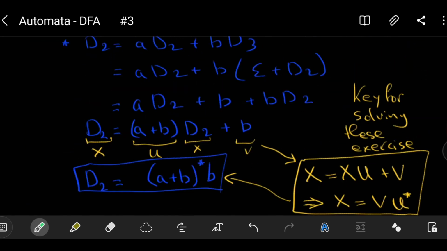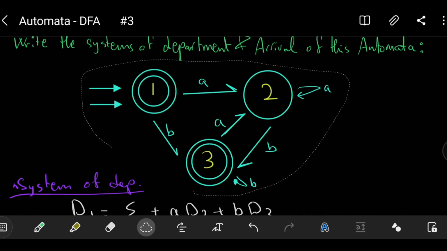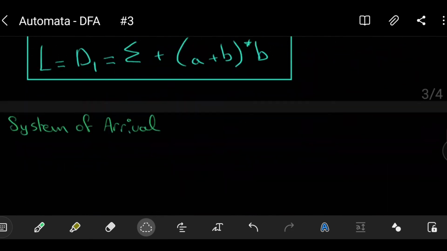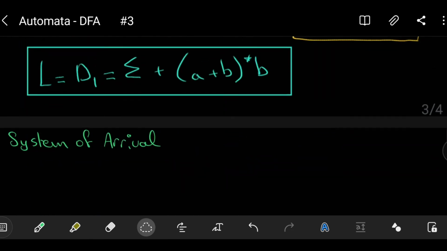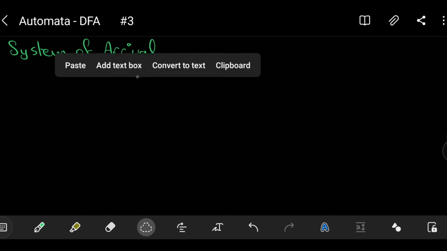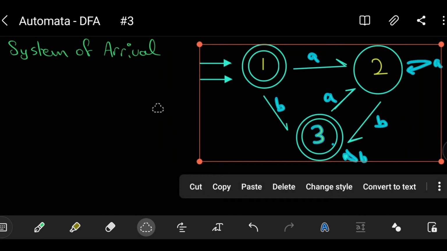I will copy here the automat. I will select it, copy, and go down to the system of arrival. I will paste it, and this is the system.